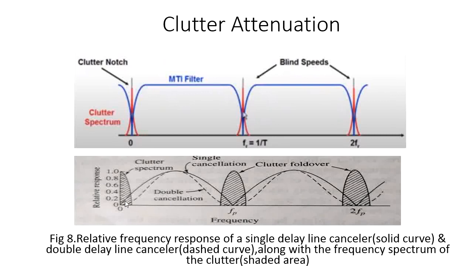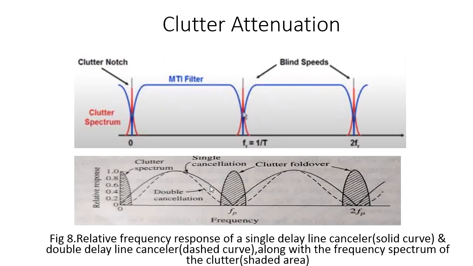The waveform is produced by the single delay line canceller here. If I cascade one more single delay line canceller, it becomes a double delay line canceller. If I plot the waveform for the double delay line canceller, it is given as the dashed waveform here. Comparing the two, this is the waveform for the single delay line canceller and this is the waveform for the double delay line canceller.